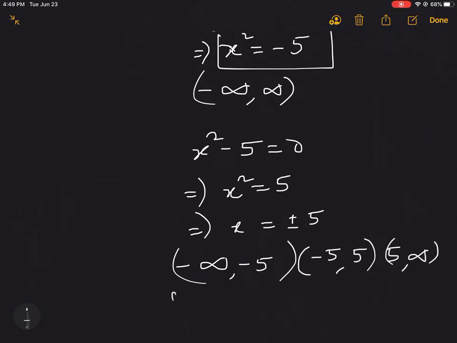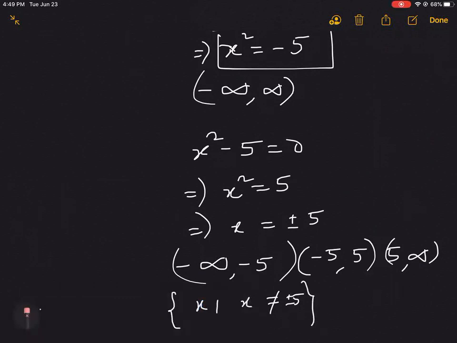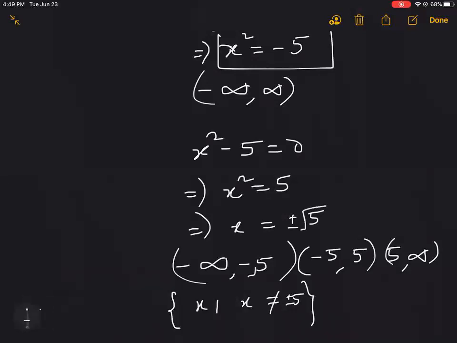Or in other words, you can write it this way: x not equal to root 5 and not equal to negative root 5. Or you can write plus minus root 5 here, whichever you like. Okay, so for a fraction, oh, sorry, yeah, root 5. Yeah, very good. Sorry, not here. It should be here. Yeah.